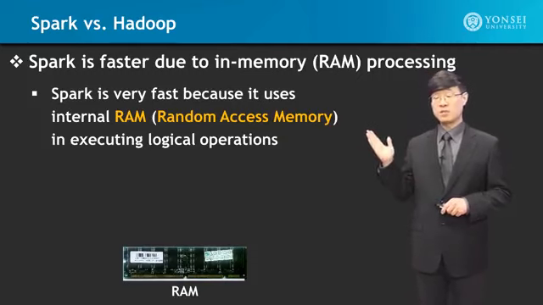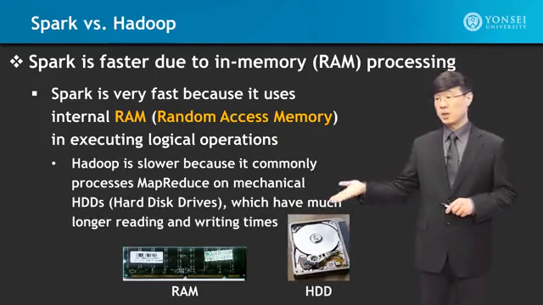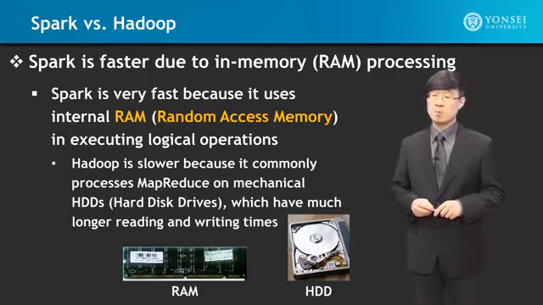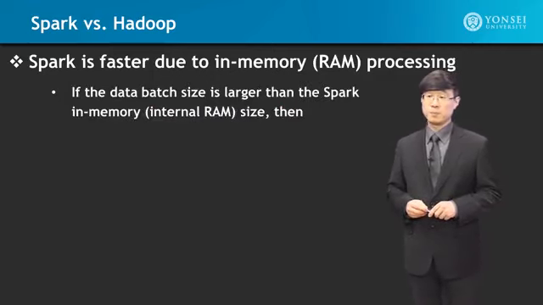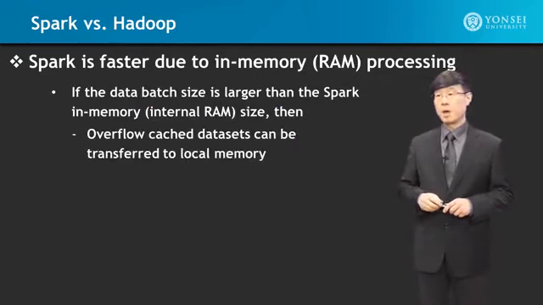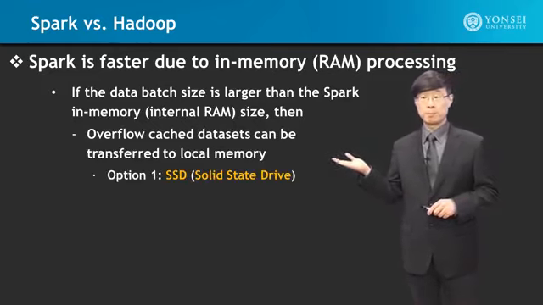Another reason Spark is faster is because it uses random access memory. You can see that Hadoop is slower because it uses HDD drives, where RAM-based operations are much faster. If the data batch size is larger than the Spark in-memory RAM size, then overflow cache datasets can be transferred to local memory.